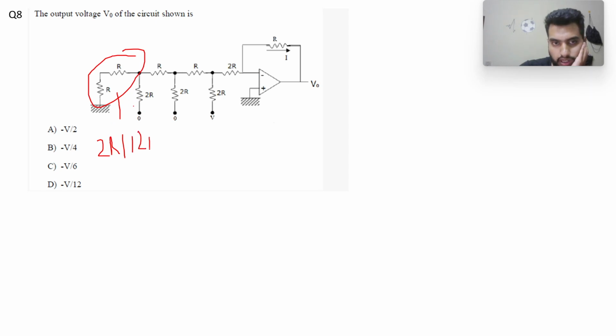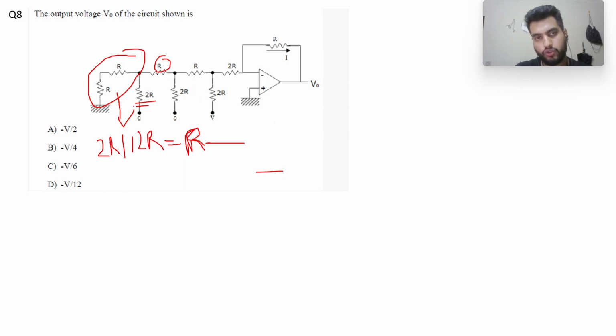So it will be 2R in parallel with 2R, that is R. Then this R is in series with this R, so it's 2R.